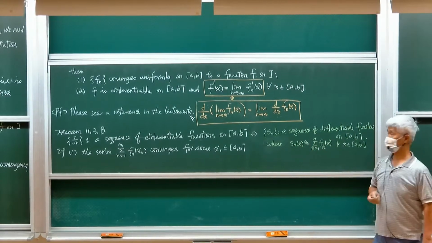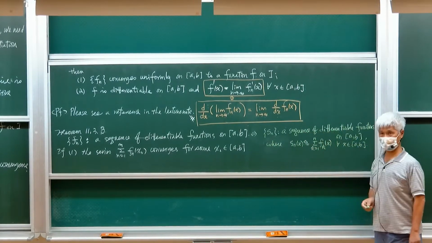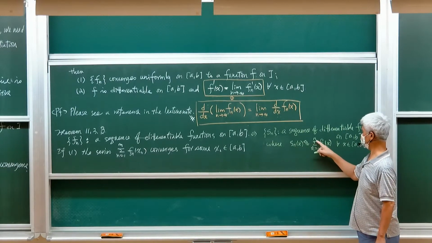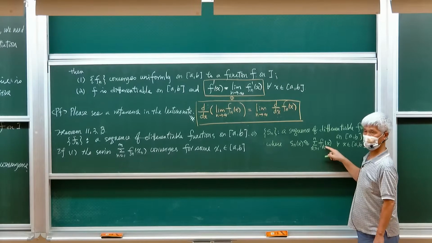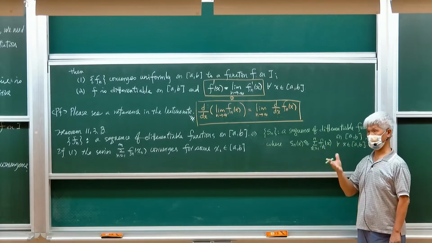The corresponding partial sum function is also a sequence of differentiable functions, because the derivative of Xn is equal to the sum of the derivative of fk for k from 1 to n, because the derivative is linear.